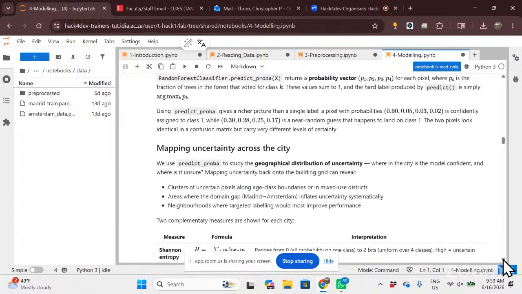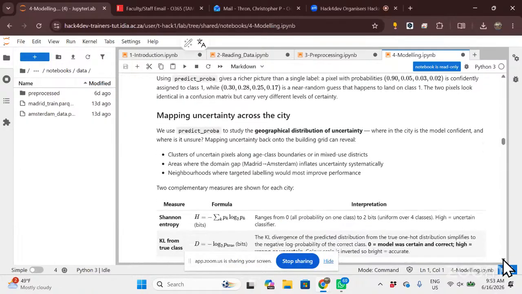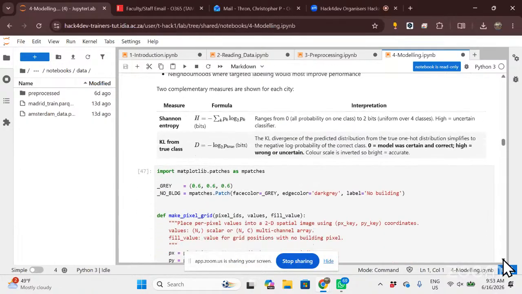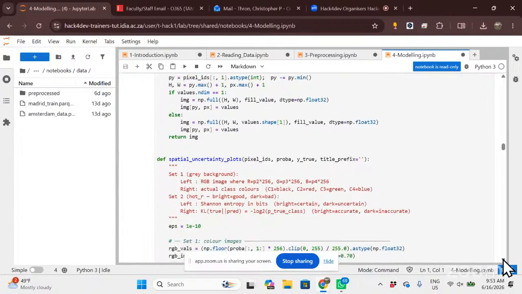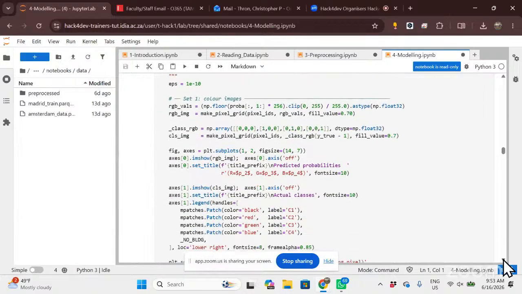So the pixel is going to look quite red. It's going to look very red. So the pixel color will reflect the class, and how close the pixel color is to the actual color reflects how certain you are.